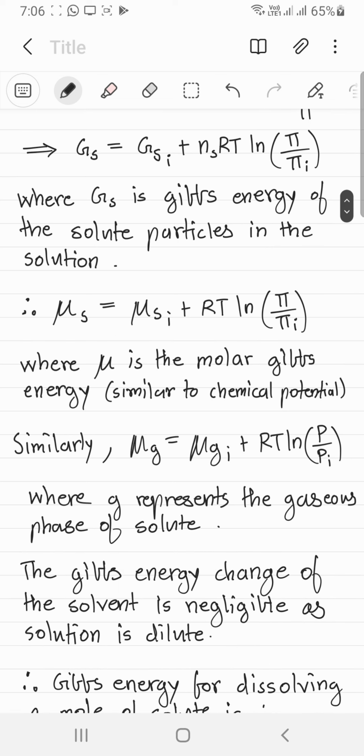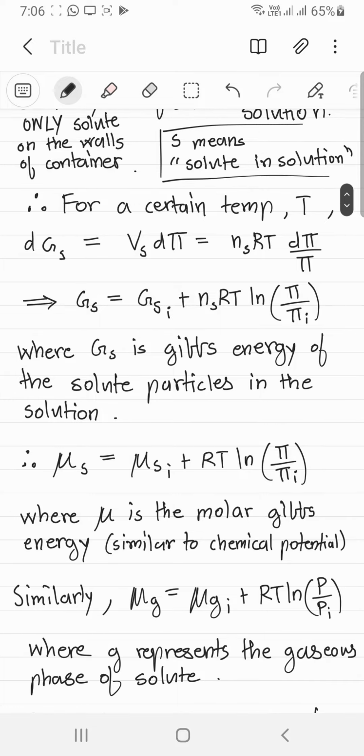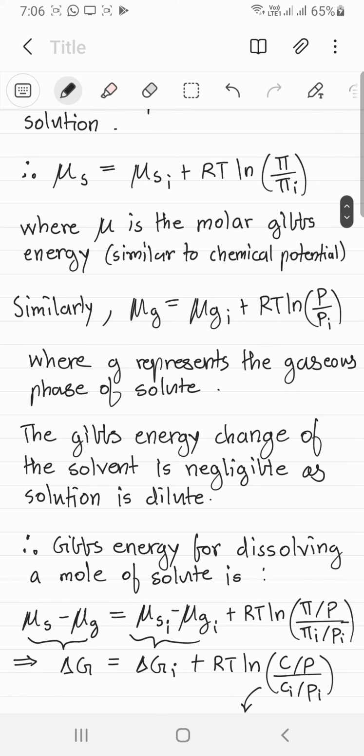And then we can divide this by Ns, and that will give us the molar chemical potential. Even though chemical potential is actually defined as a partial derivative, it's okay to just divide by Ns, and that will give us the chemical potential. So this equation, and similarly you can do for actual ideal gases, right?